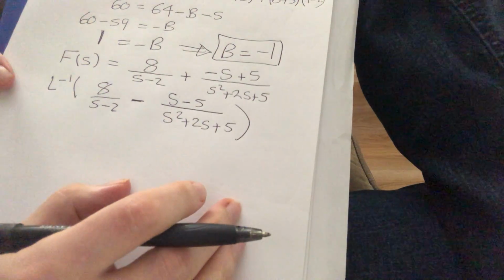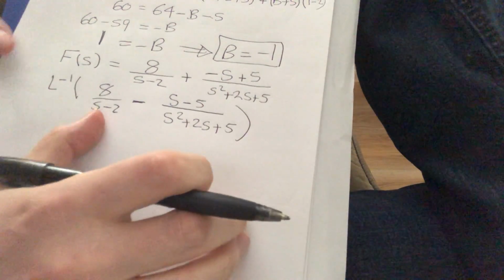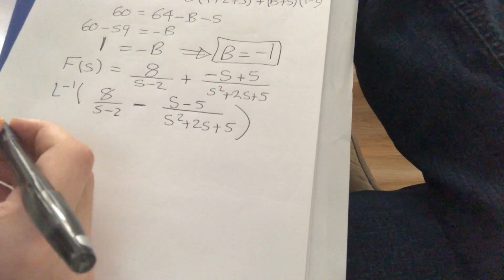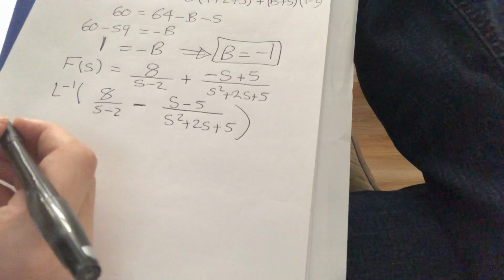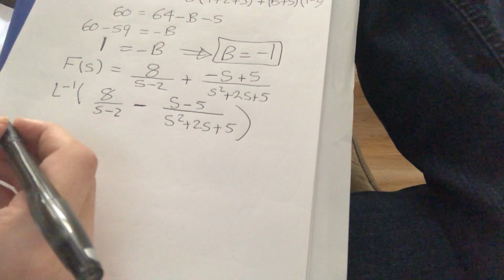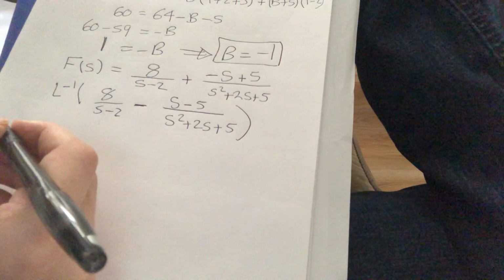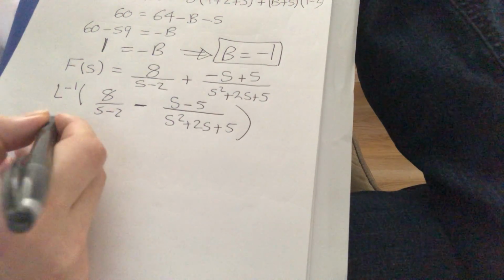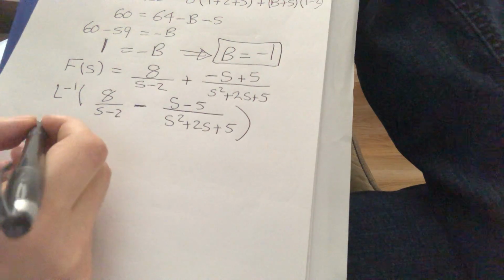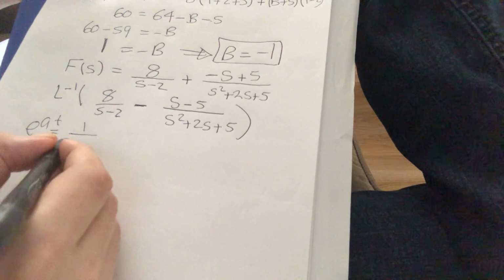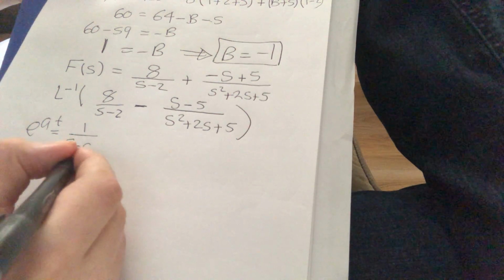Now, if you look at the rules, this rule is the E rule. And the E rule states that if you have e to the at, it's 1 over s minus a.